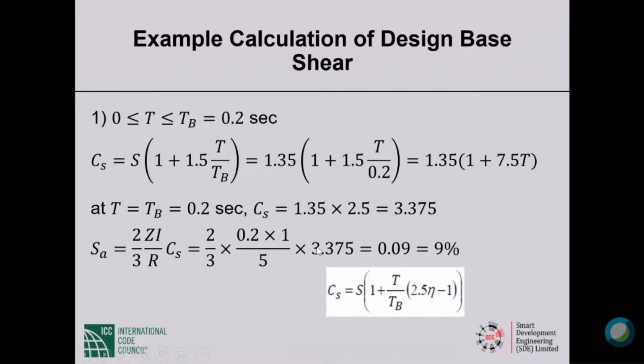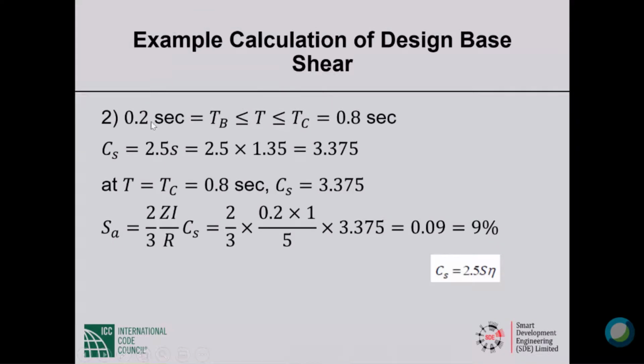We take the 3.375, multiply by 2/3 of Z of 0.2 divided by R of 5 times I of 1, we get a value of 0.09. That means the design base shear is 9% of the weight of the structure, at T sub B, where the ramp meets the flat top.